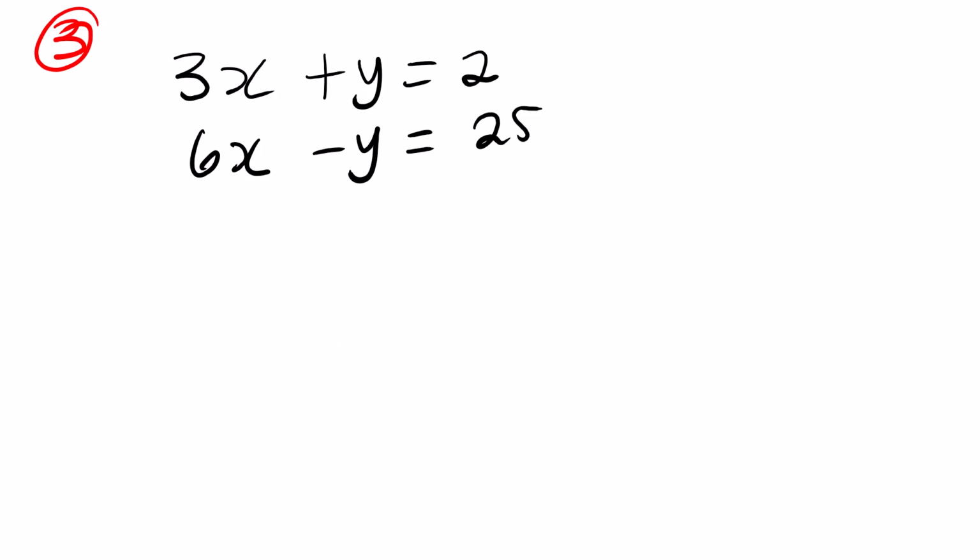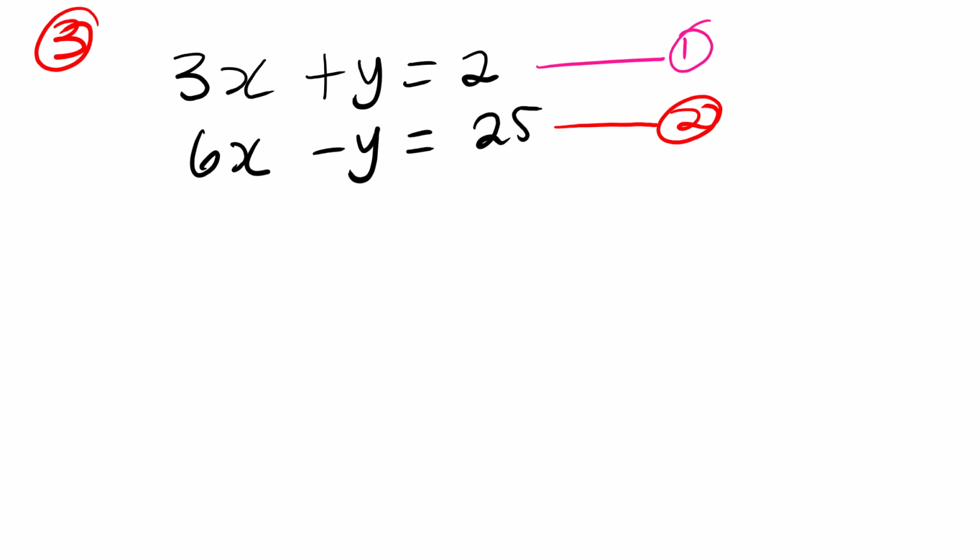Example number 3. As usual, try to work out this question and verify to see whether you understand the concept of simultaneous equations. Now this will be equation 1, this will be equation 2. Now we can choose any equation, but I prefer to go for equation 1.